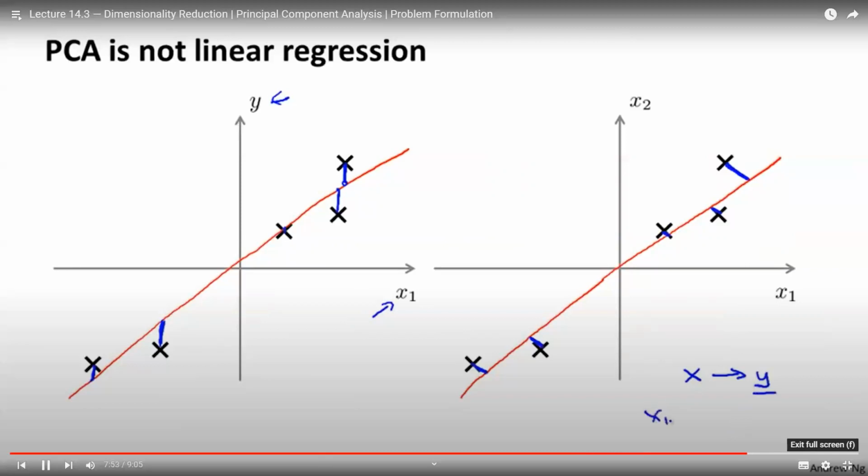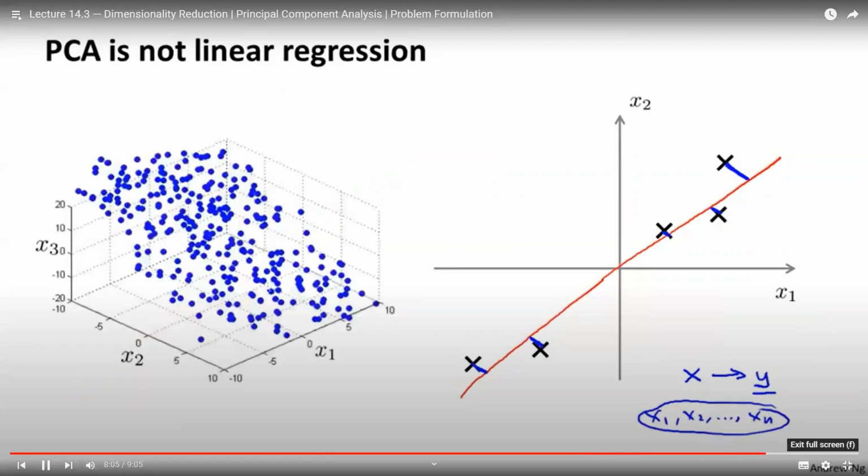and instead we have a list of features, x1, x2, and so on up to xn, and all of these features are treated equally. So no one of them is special. As one last example, if I have three-dimensional data and I want to reduce data from 3D to 2D, so maybe I want to find two directions, u1 and u2, onto which to project my data, then I have three features, x1, x2, x3, and all of these are treated alike.